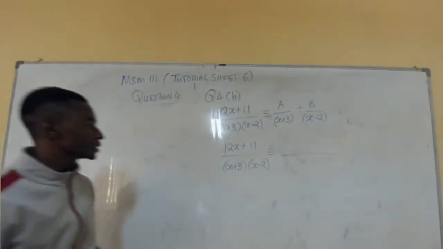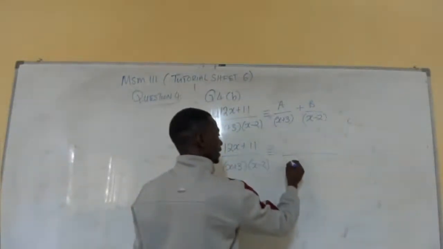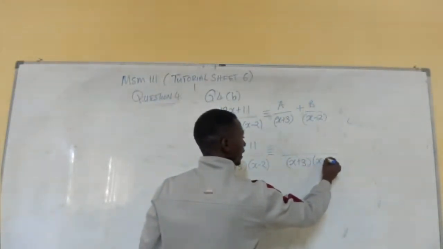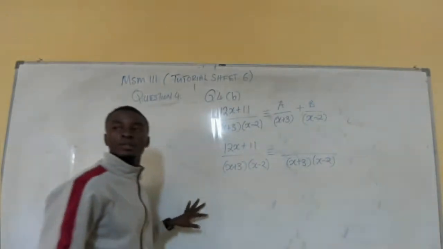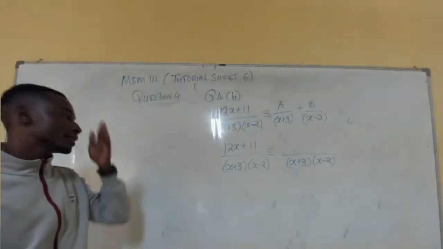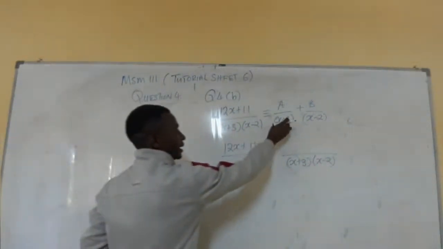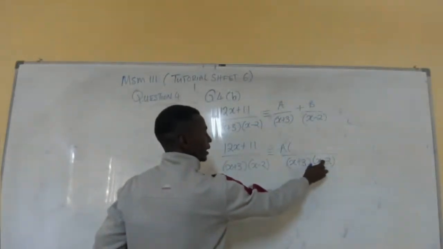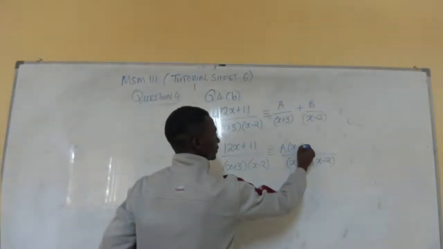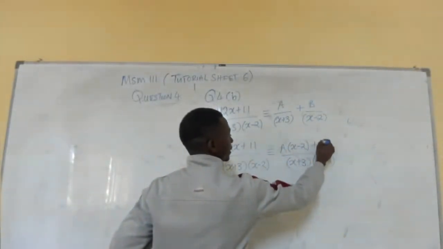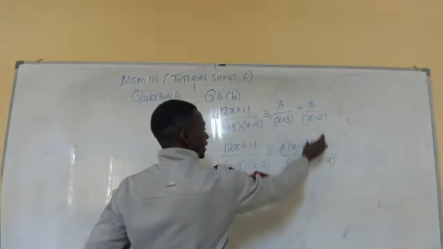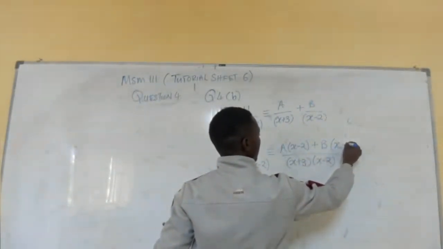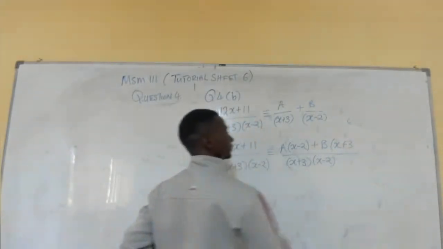Our common denominator is x plus 3 and x minus 2. Then x plus 3 into that, you remain with a, x minus 2, plus x minus 2 into that, it's b, x plus 3.